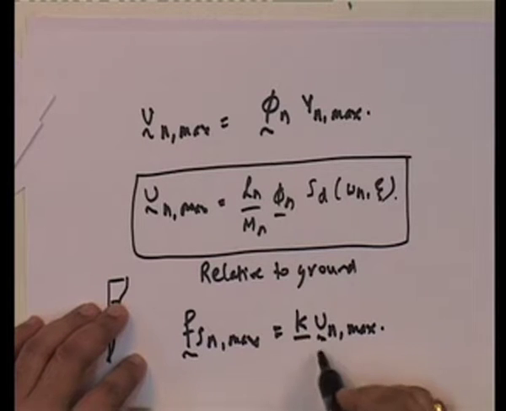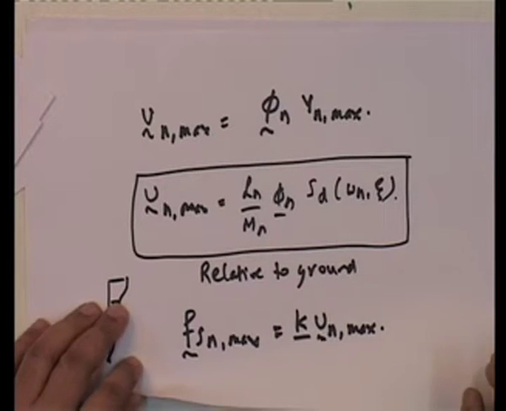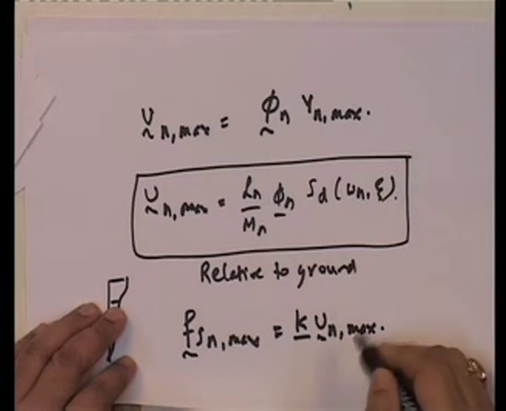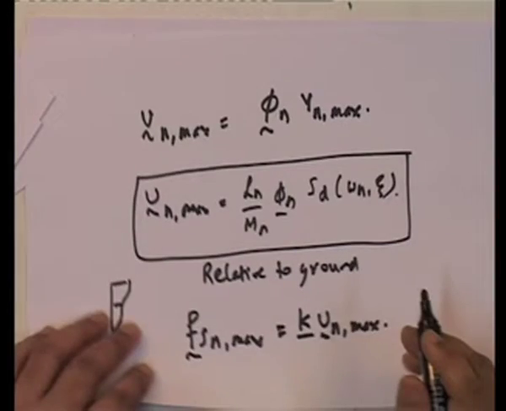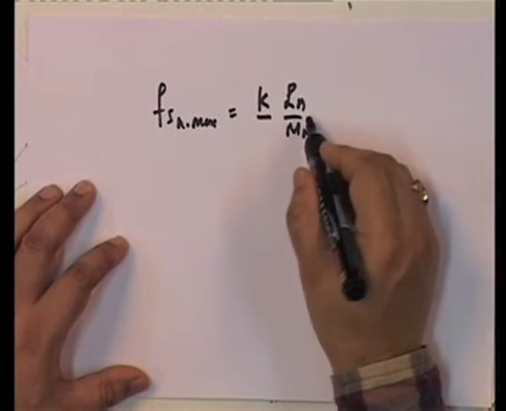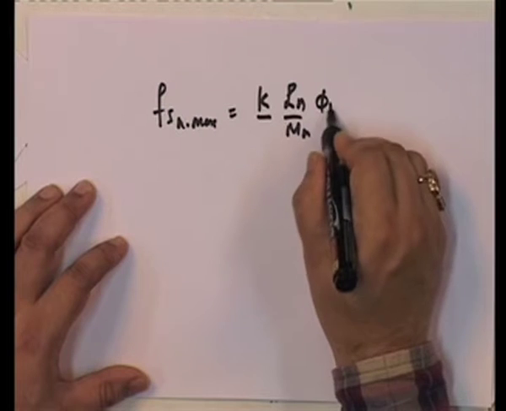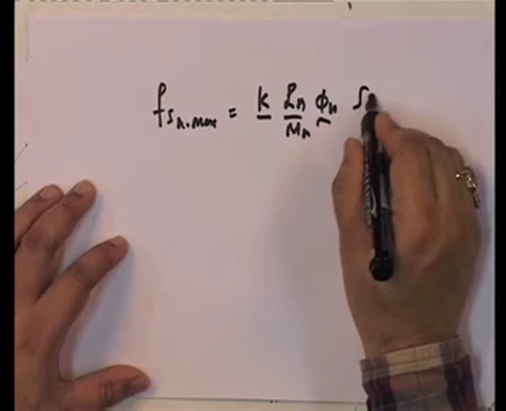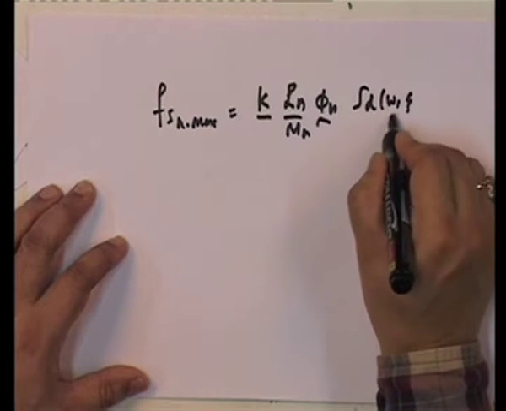So, if I put k into Vn, I am going to substitute that term for Vn in here, and if I substitute that and look at that particular thing, what do I get? I get Fsn max is equal to k into Ln upon Mn, which is anyway outside, phi n into Sd omega n xi.